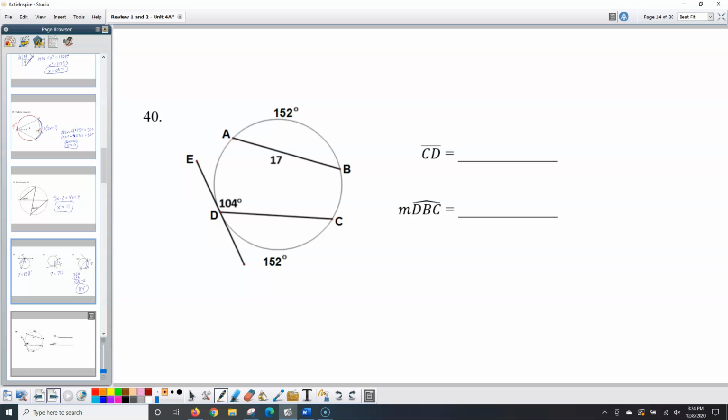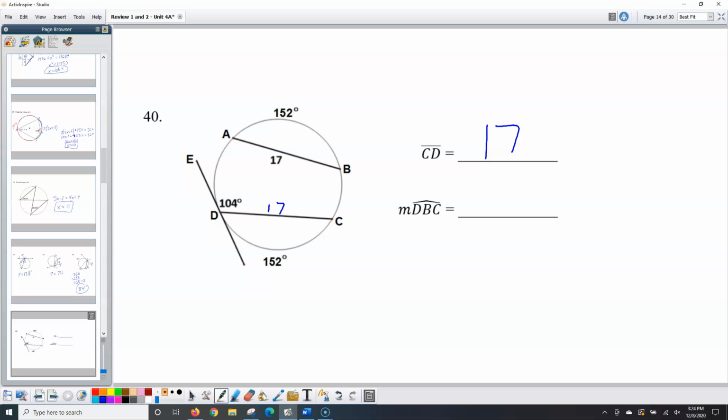Last one. We've got CD here. Well, look, this arc is 152, and so is that arc. If the top arc opens up to 17 and it's 152, then this 152 on the bottom is going to open up to 17 since the arcs are equal.